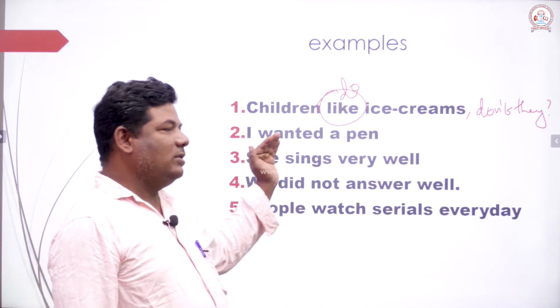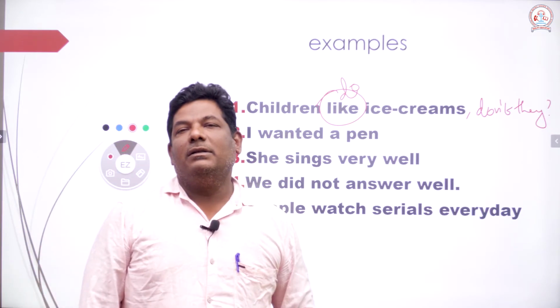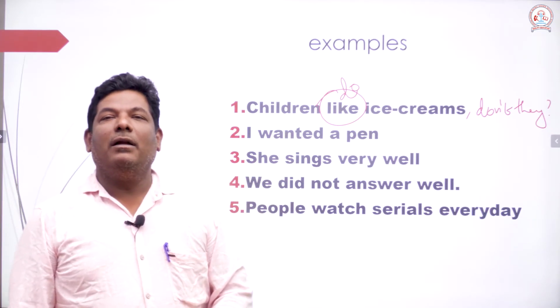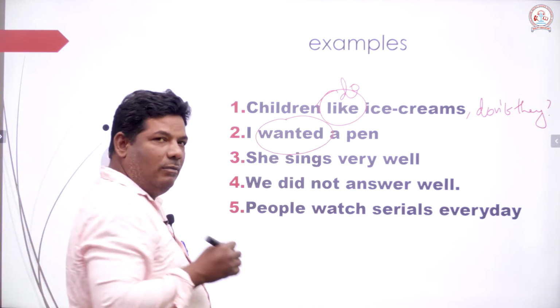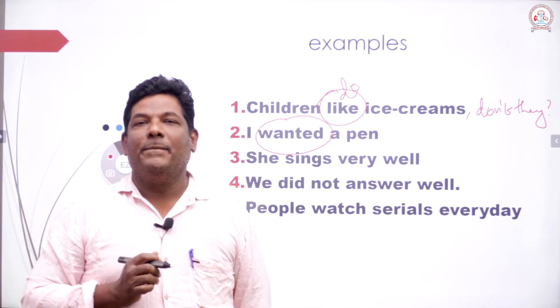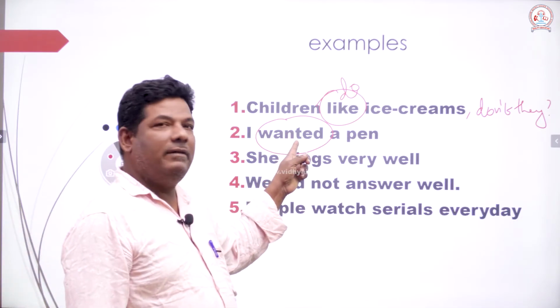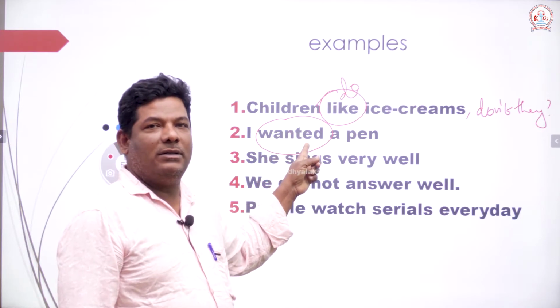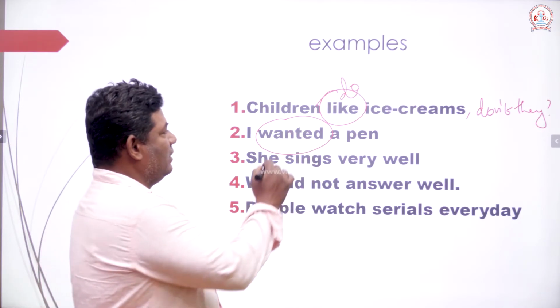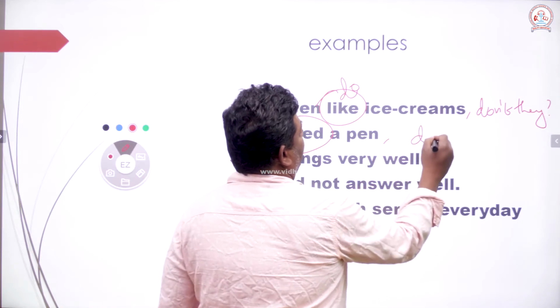I wanted a pen. This also does not have an auxiliary verb, therefore we have to take the main verb. In the main verb, if it is want, we have do. This is past tense, therefore did is the auxiliary verb that we have here.